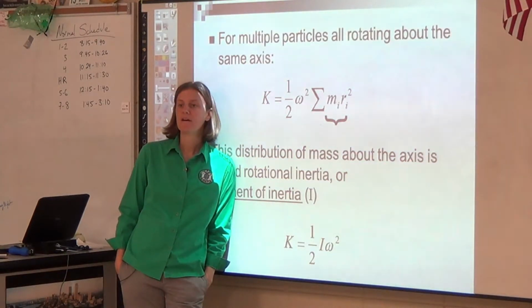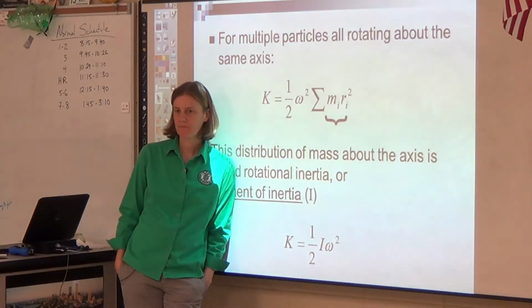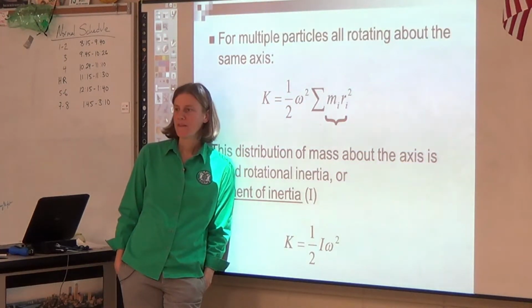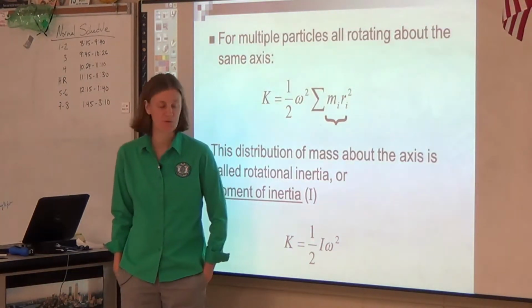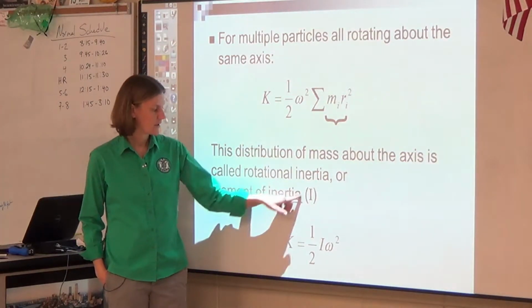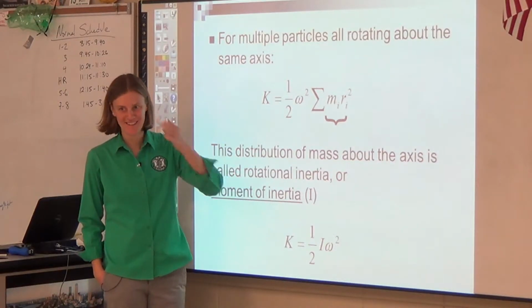It's going to be harder to get that 18-wheeler tire going or stopping, or really just changing whatever it's doing, than a tire of the same mass but a smaller radius. So in the rotational world, it doesn't just matter what the mass of the object is, but what that radius is, what the distance away from the point of rotation is. The farther that distance away is, the more rotational inertia it would have.